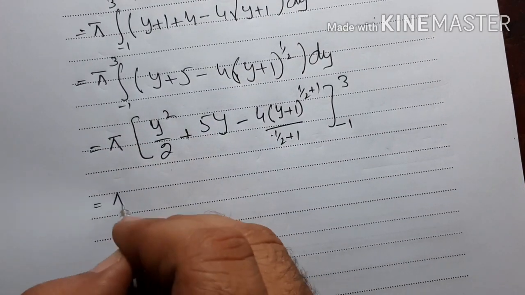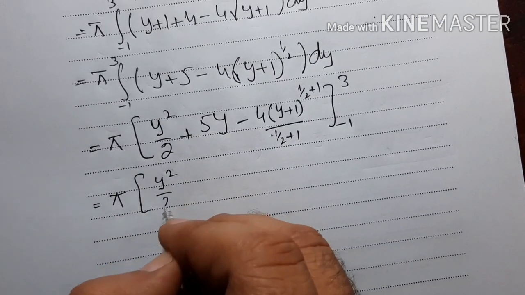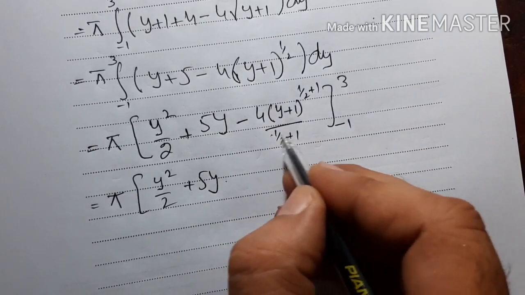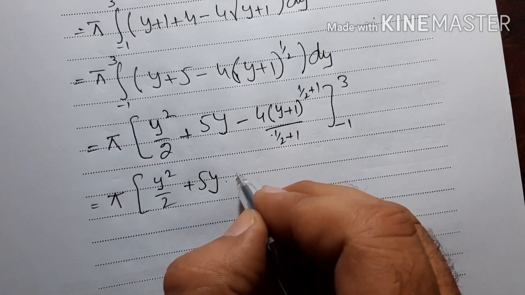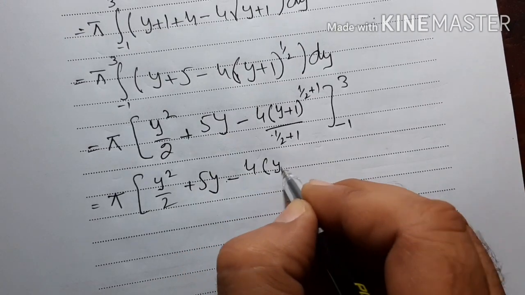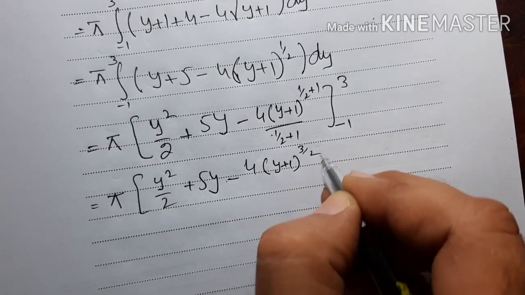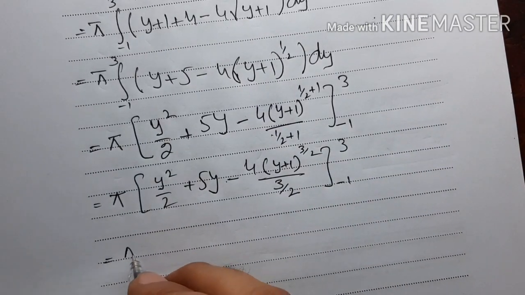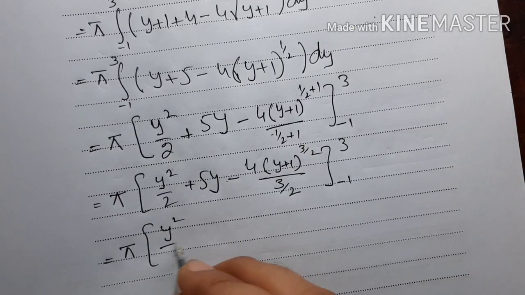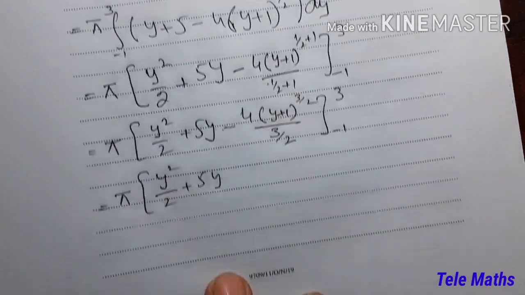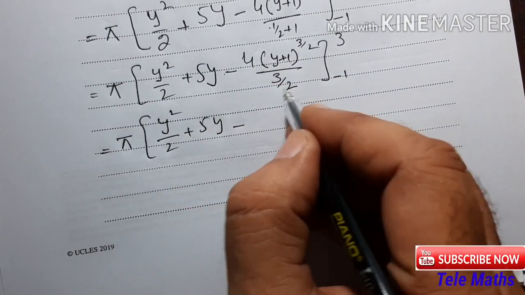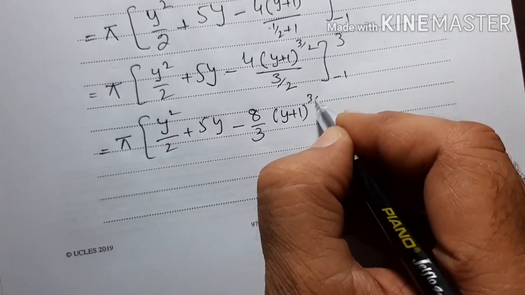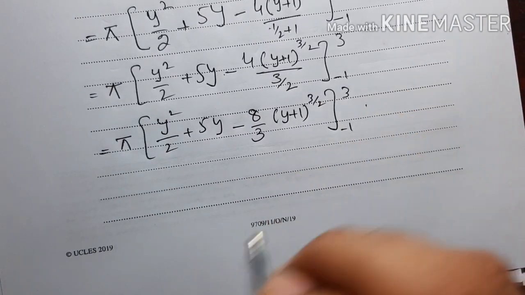So π [y²/2 + 5y - 4 (y + 1)^(3/2) / (3/2)] from -1 to 3, which is π [y²/2 + 5y - (8/3)(y + 1)^(3/2)] from -1 to 3.